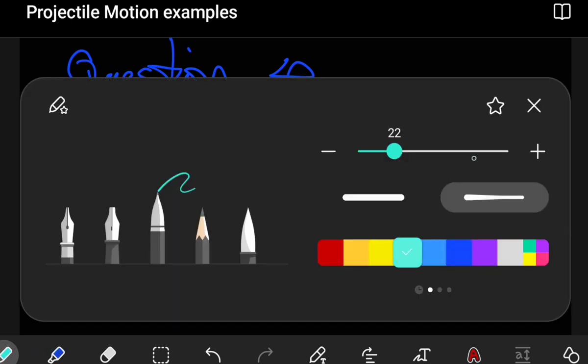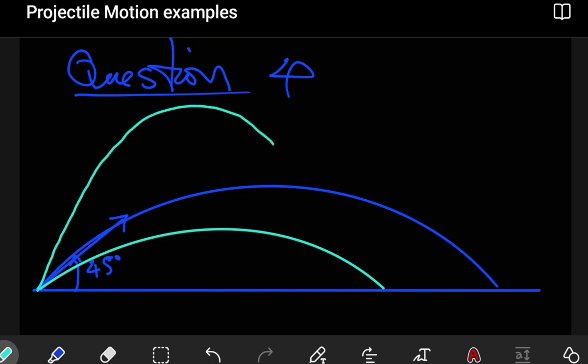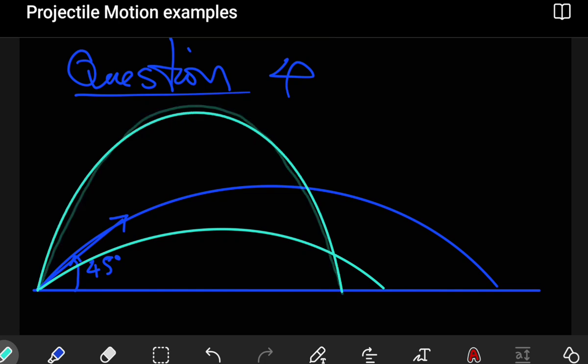If you launch the projectile at an angle less than 45, it lands a little bit nearer. And funny thing, if you exceed 45, closer to 90 degrees, it will also land somewhere nearer. It won't exceed that. So this is a concept that you have to understand.